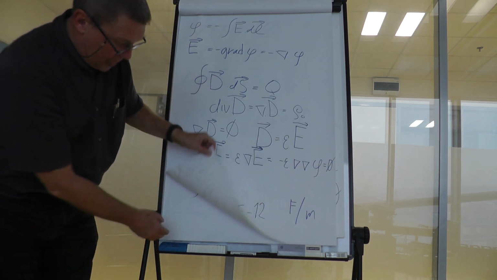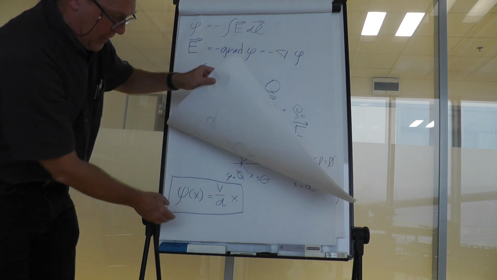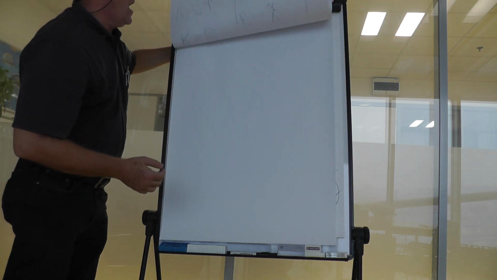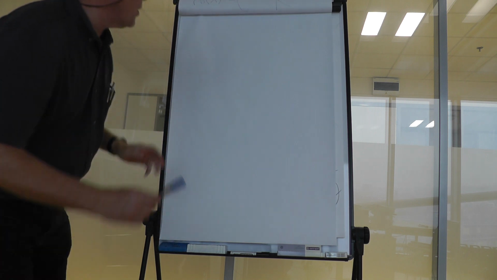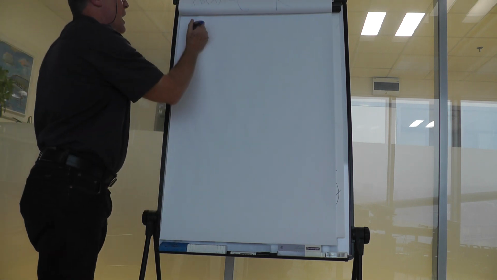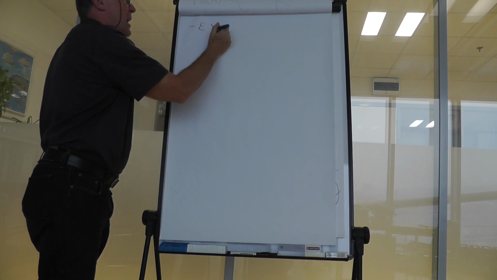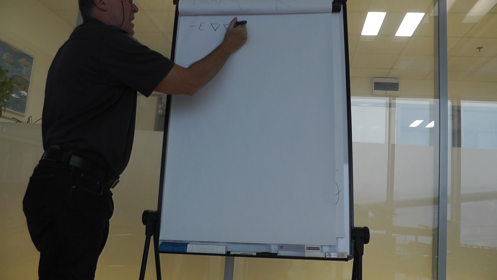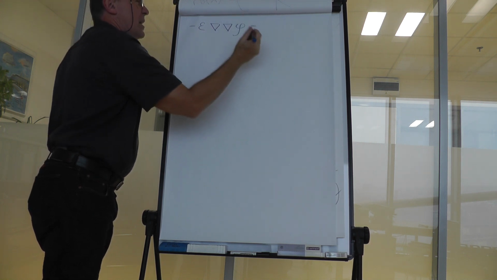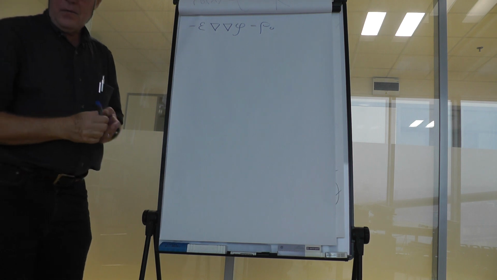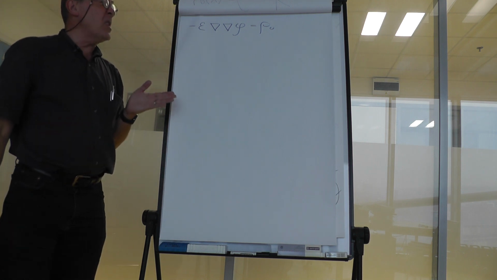So switching back, we can formulate the situation for an area containing also free charge. So we would have minus epsilon nabla phi is equivalent to free charge density for an area where a free charge exists.